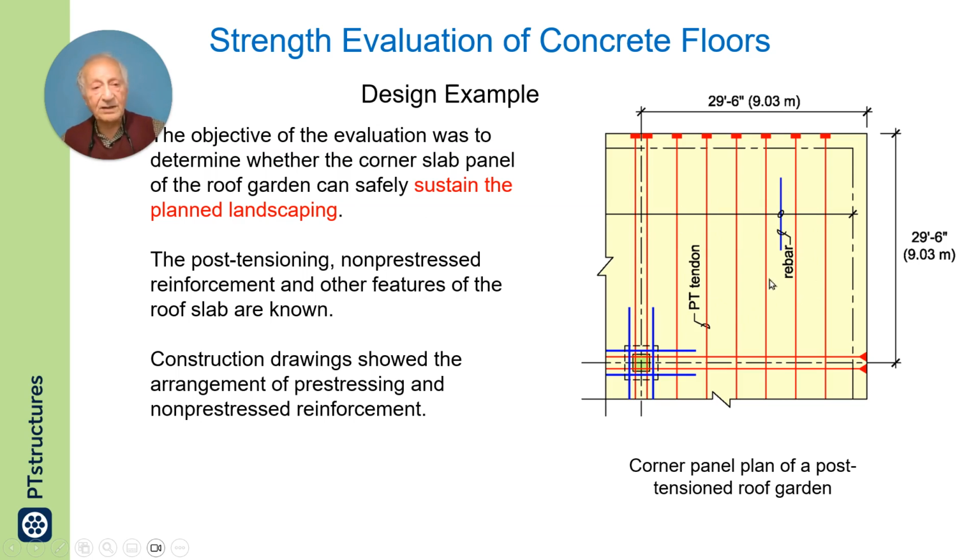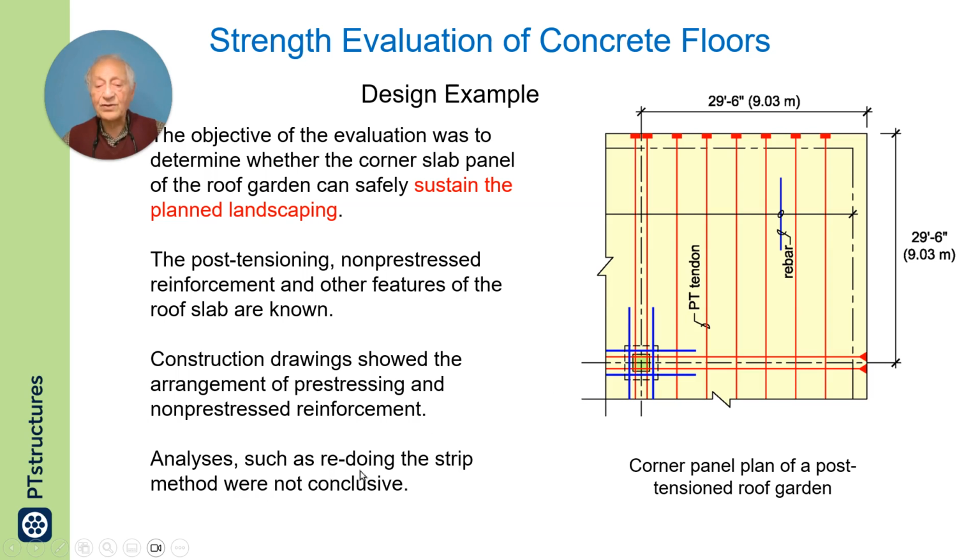It was designed as a simple roof. The post-tensioning, non-prestressed reinforcement, and other features of the roof slab are shown. Rebar and the post-tensioning. Construction drawings showed the arrangement of prestressing and non-prestressed reinforcement.